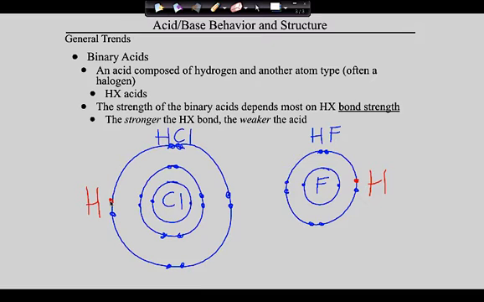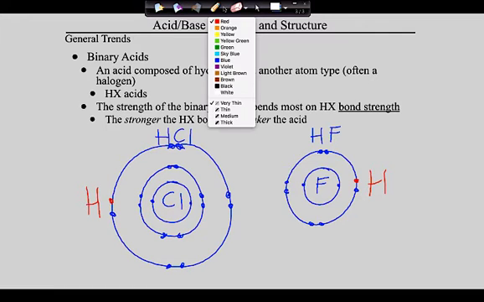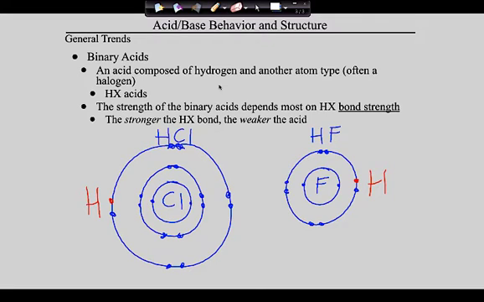So guys, now we can experientially ask and answer the question. From experience, which is the stronger acid, HCl or HF? HCl is the stronger acid. So now guys, let's relate that to bond strength. If HCl is the stronger acid, what do you know about the strength of this, we'll call it bond 1, compared to the strength of bond 2?